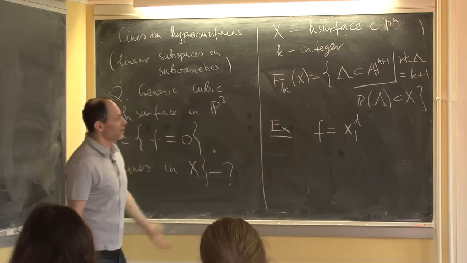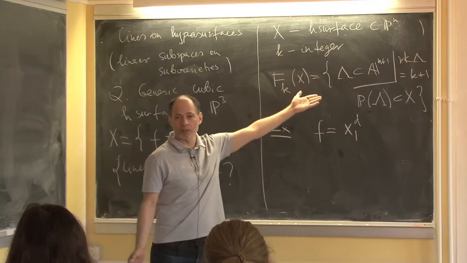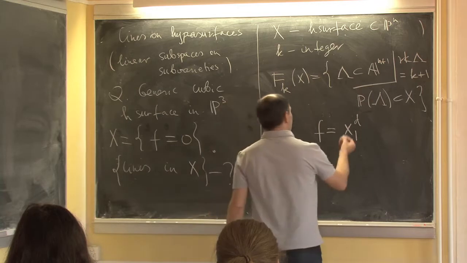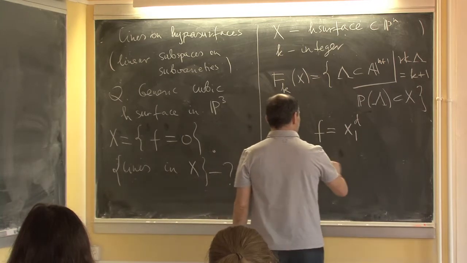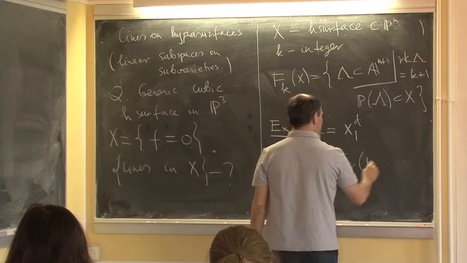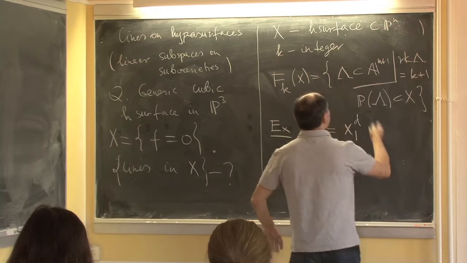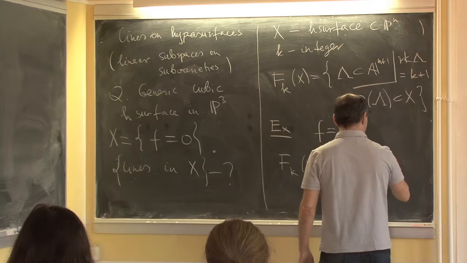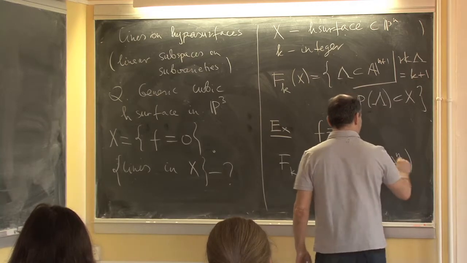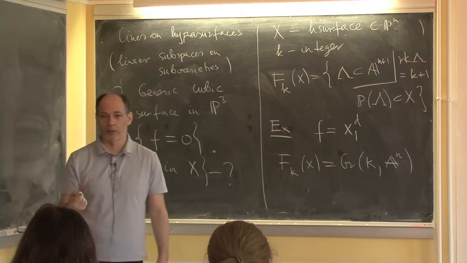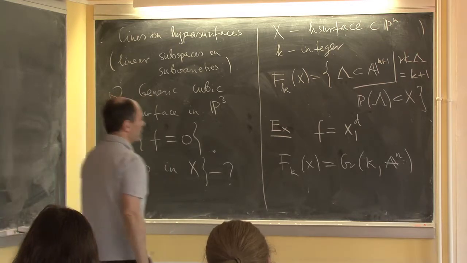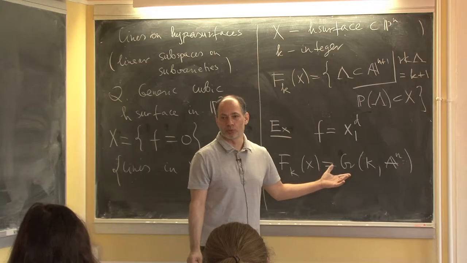So if you do that, it's easy to describe all the k-dimensional subspaces. In this case, F_k(X) is just the Grassmannian of k-planes in an (n-1)-dimensional subvariety, right? So instead of n plus 1, it's n, because x_1 equals 0 now. So we can describe what it is, but it's pretty huge.